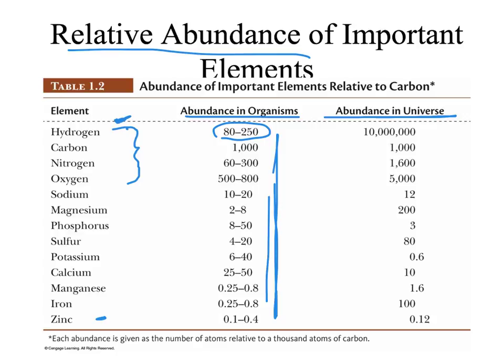That's why they have larger amounts present. Some of these substances, manganese, iron, zinc, we'll see these present in terms of helping to facilitate enzyme reactions that occur. But all of these elements are important for biological systems.